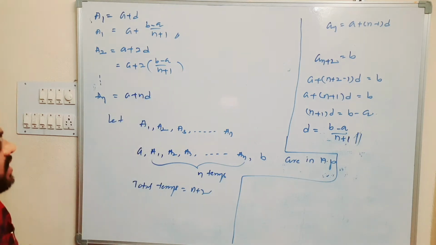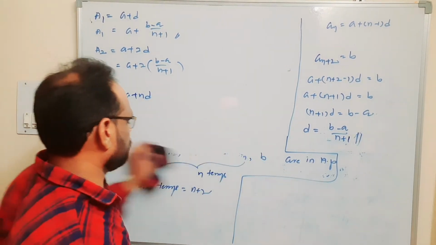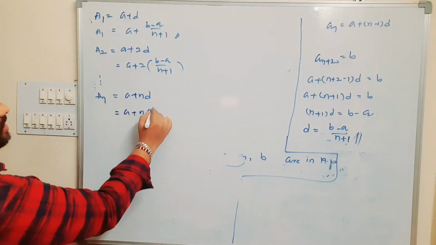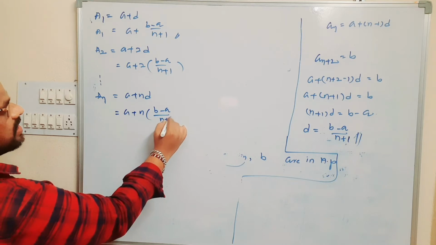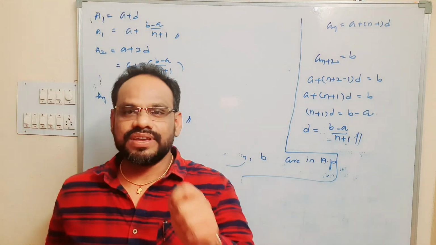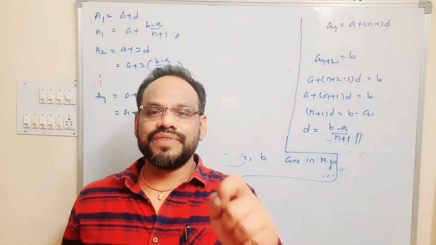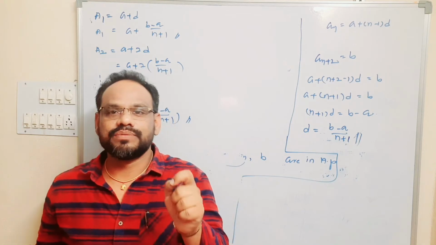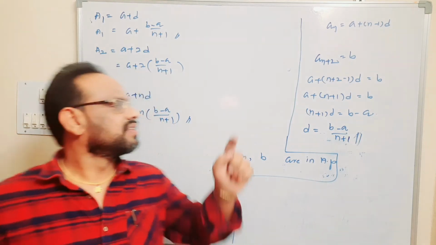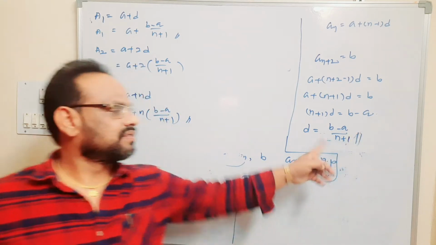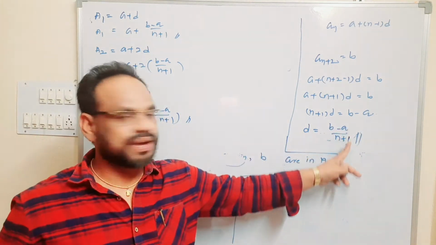So that is equal to a plus n into b minus a by n plus 1. If n arithmetic means are inserted between any two numbers, then the common difference d is equal to b minus a by n plus 1.